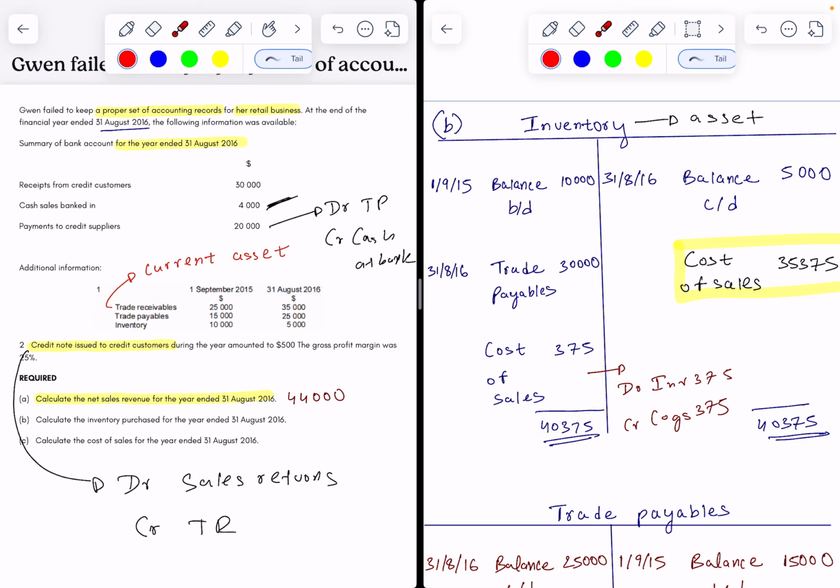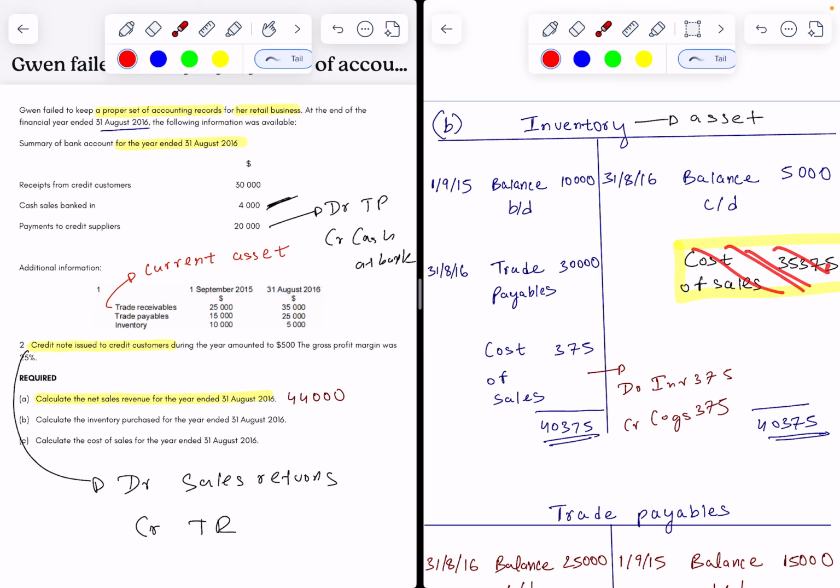Now, we are looking for the missing item on the credit side, which is the cost of goods sold of 35,375, which refers to the cost of goods sold for actual sales that we have processed during the financial year starting 1 September 2015 and ending 31 August 2016. So how do we derive this? Again, let's just assume we don't have this, and you add everything that you have on the heaviest side, which is the debit side.